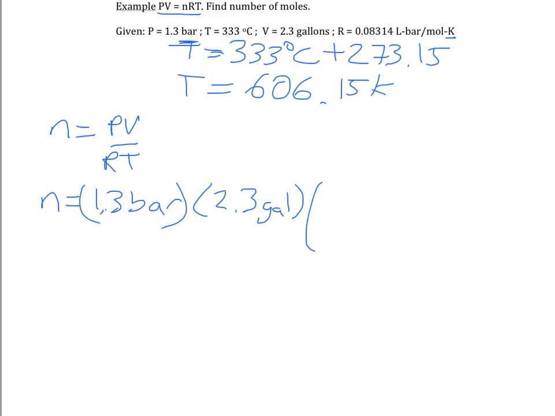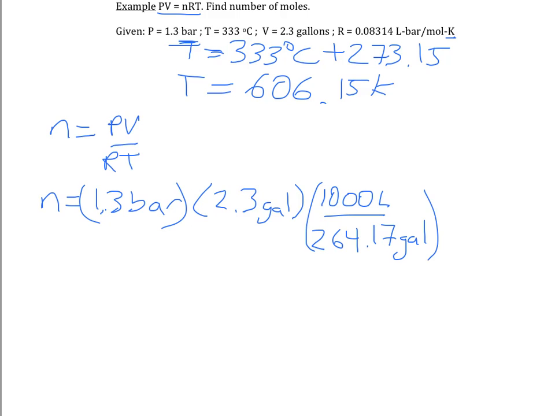And then we have to have a conversion between liters and gallons because our R value has liters, and that's 1,000 liters divided by 264.17 gallon. I just looked that up. You can look up the conversion factors. Again, they're in your Felder-Rousseau book, and probably the other books too. You can Google it. It's not hard to get these.